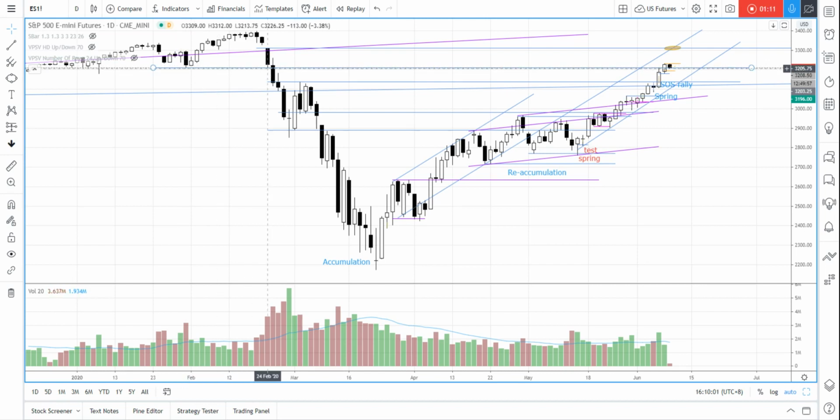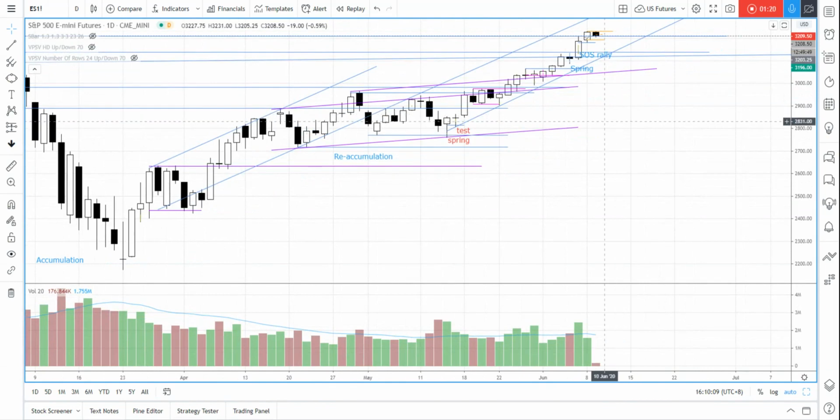It's quite common to have some kind of reaction or at least a pause at this area. Furthermore, we have excessive supply in these two bars here. So I think we just need to resolve the supply itself in order to have a continuation of the rally.